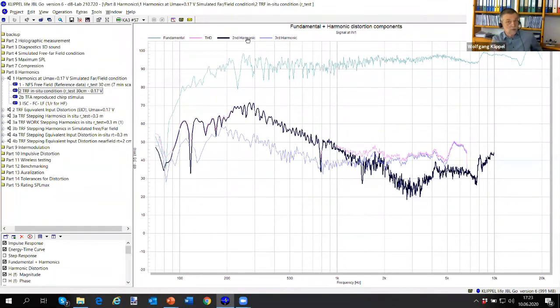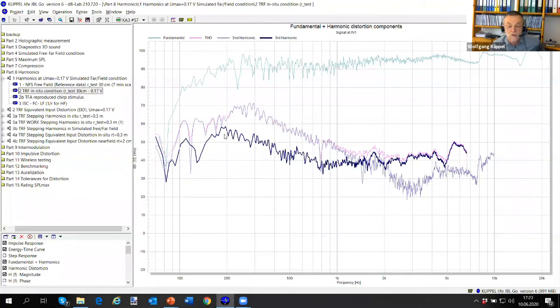You see second order is important here, dominant, but the third order distortions are much lower. They are only important at higher frequencies. So that's the result that we get in the absolute presentation. That's not in percent, that's really in SPL, so really in normal SPL level.